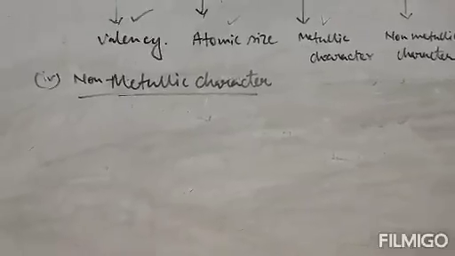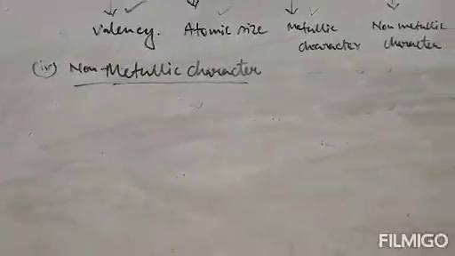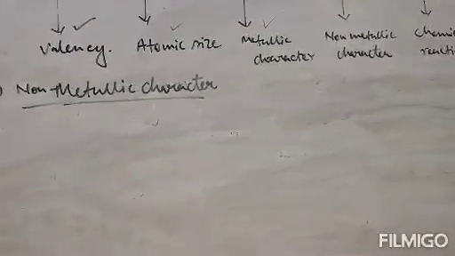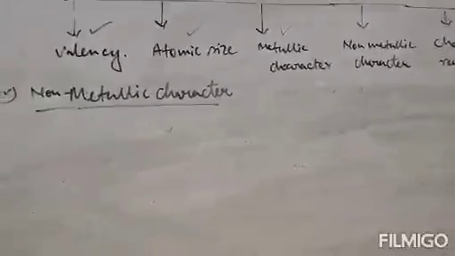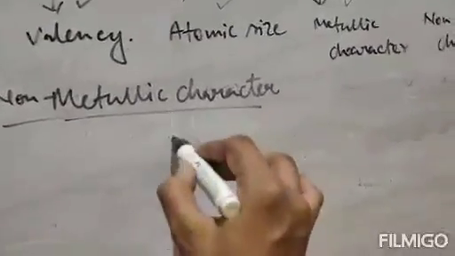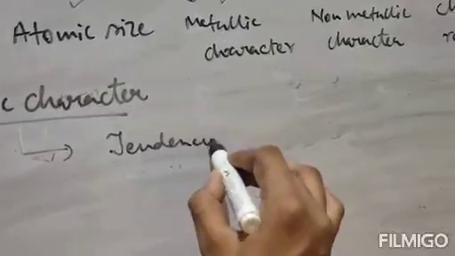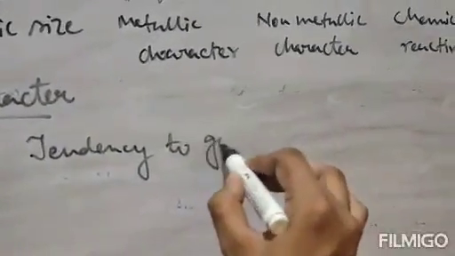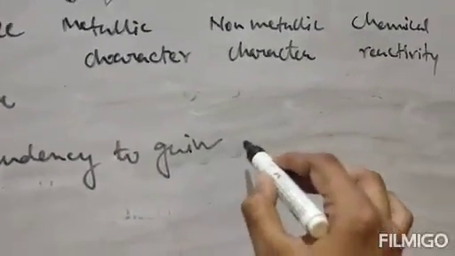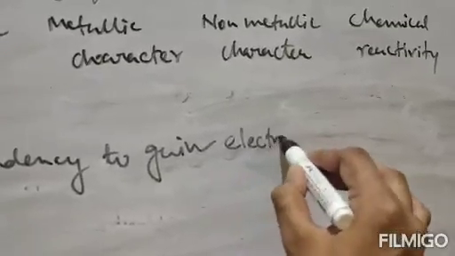Now non-metallic character is just the reverse of metallic character. Metallic character was the tendency of an atom to lose electrons, and non-metallic character is the tendency of an atom to gain electrons. That is the opposite of metallic character.